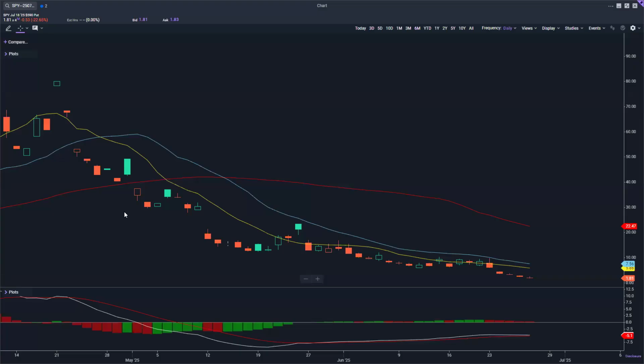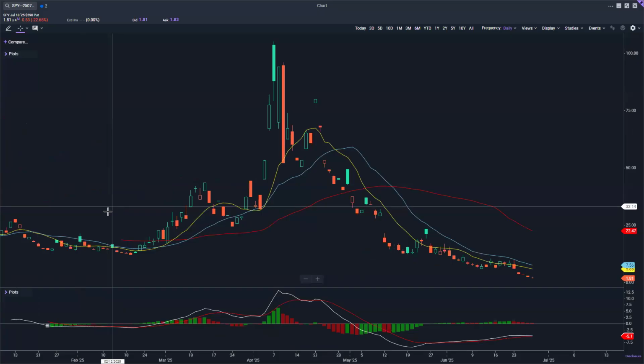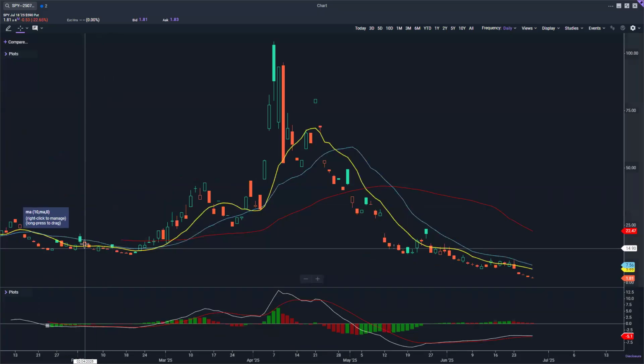As we were talking about, February 27th, this was our entry into our SPY puts. Now, do you see right up on top here where it says we're actually charting the SPY July 18, 2025, 590 strike put, right?